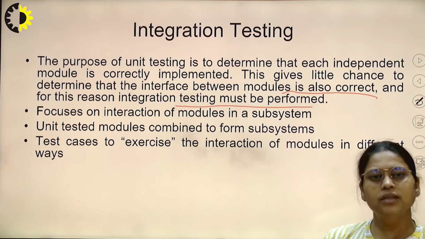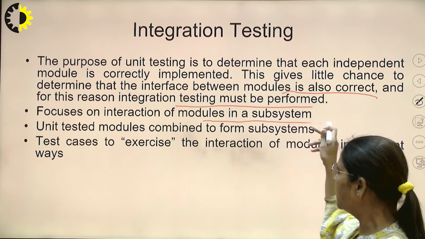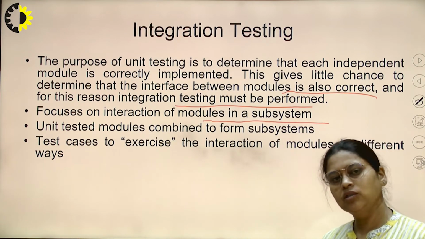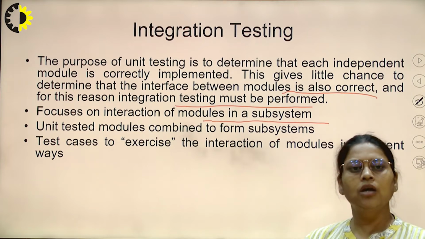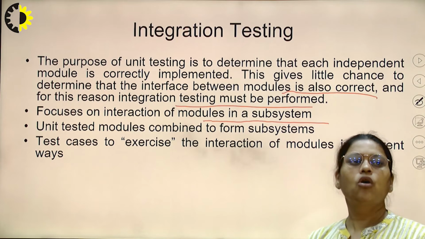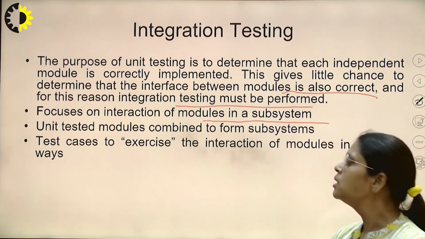The focus of integration testing is to check the interaction among the modules. The functionality is already checked through unit testing, so now we focus on the interaction of the modules in a subsystem.